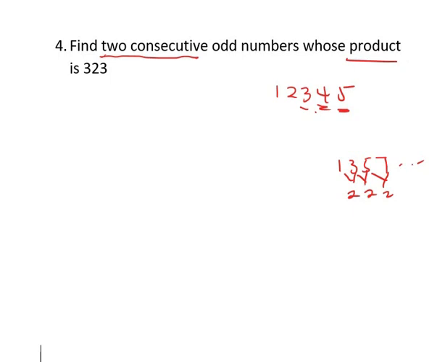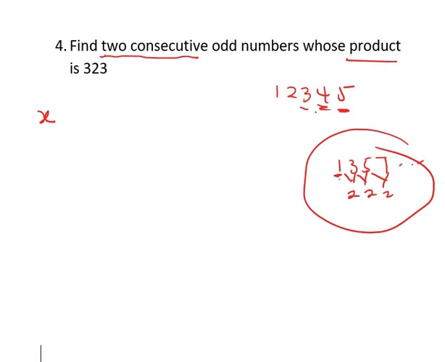So let x be the first number. The second number will be this number plus 2, because if x is the number, the one that will follow the x is x plus 2. Now these are odd numbers. The first number is 1, the second number is 3, 2 added to the 1 to get 3.